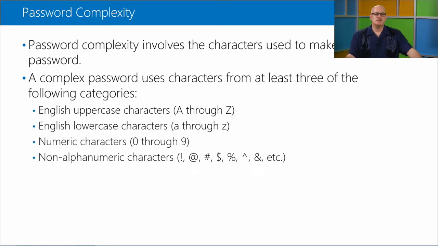So things like you need to have an uppercase letter, you need to have some lowercase letters, you need to have some numbers, you need to have some non-alpha characters. So maybe your password has an uppercase letter, some lowercase letters, a couple numbers, and then maybe a bang or an @ sign or a hash sign in there just to kind of trick things up.